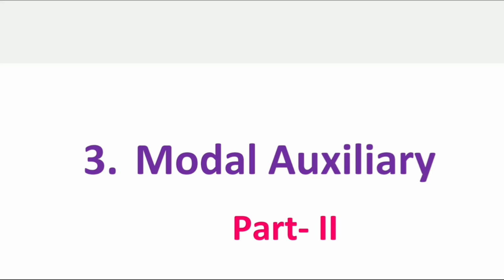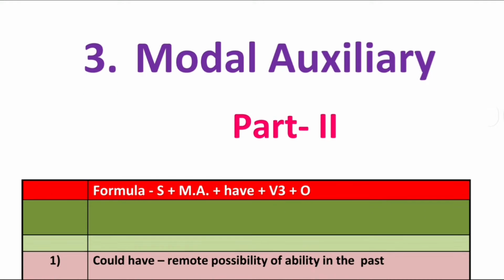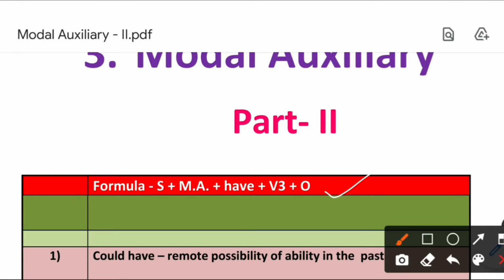That means when they are used with verbs, then they convey some meaning. And we are learning which meaning in which kind of sentence they convey. Today in this part we are going to learn this kind of formula. In the last episode we had learned only one kind of formula, that was modal auxiliary verb with verb first form.